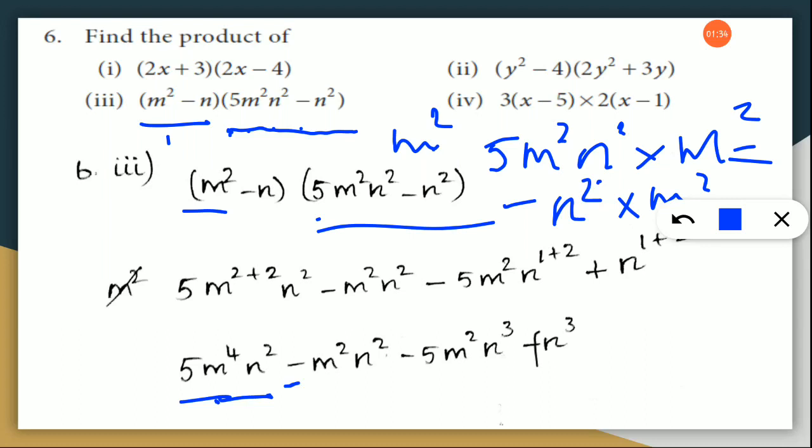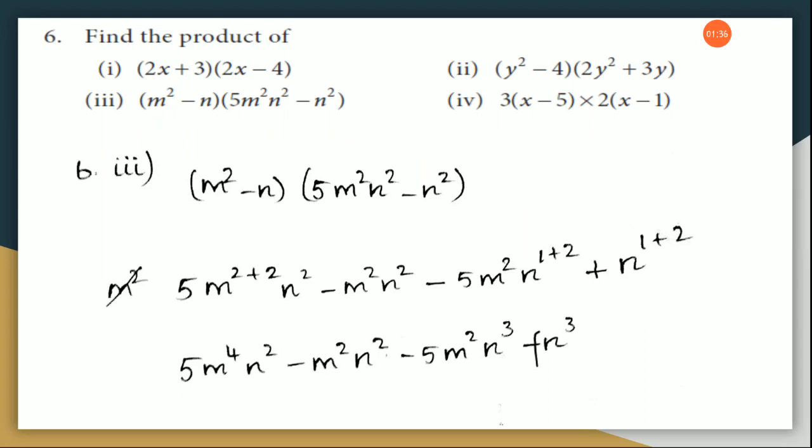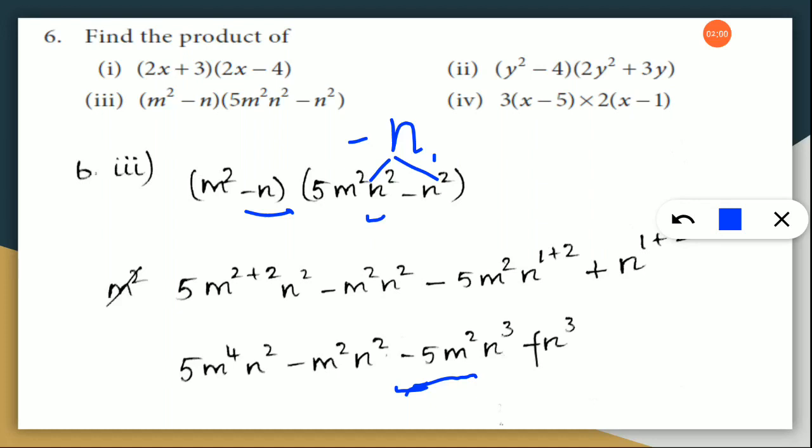Okay, next step, minus n is now multiplied with both the terms in the same way. So minus n into 5 m square n square will give us minus 5, since it is an unlike term. Minus 5 m square. There is no m square in the other term, so directly m square is written, and then n square and n are there, so same base.